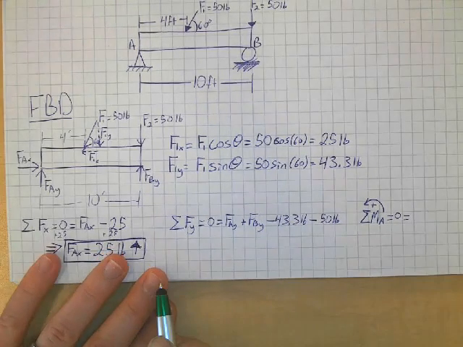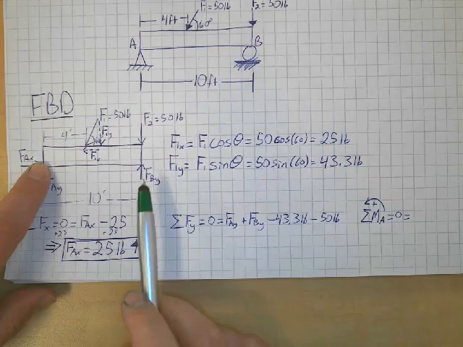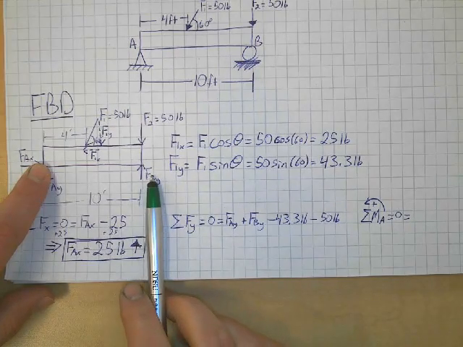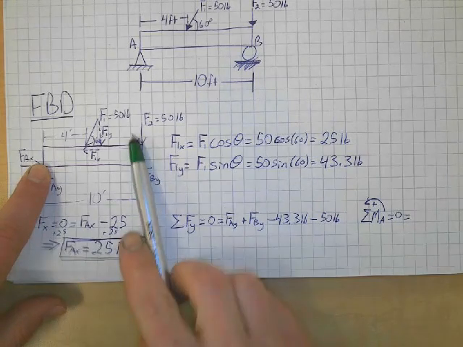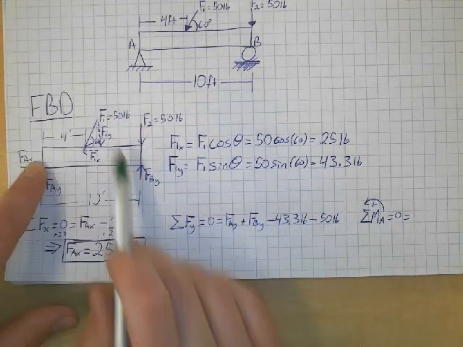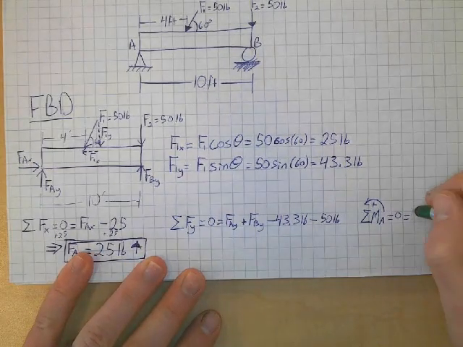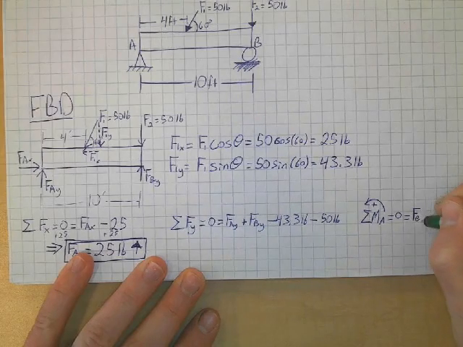So what's causing a moment? Well, if I put my finger on the pin here and I point up, if I assume that that is pushing and this could freely spin, that would be causing a counterclockwise moment. So FBY would be a positive moment. And I don't know that value, so I'll write FBY.